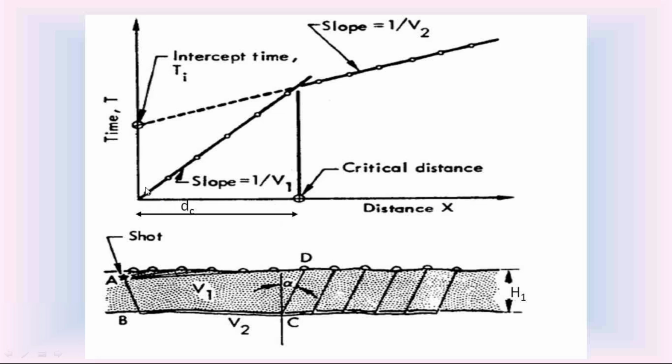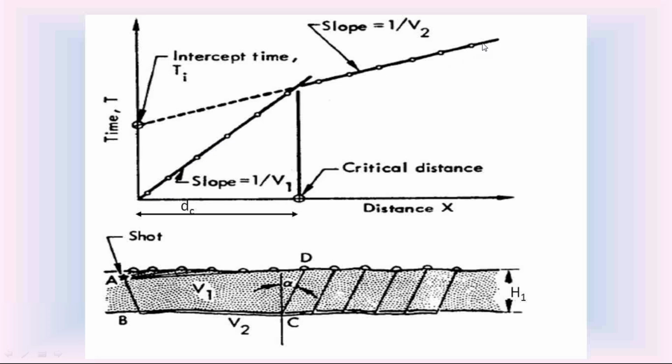Then by indicating those data on this graph, we will get a graph like this. This is the first geophone receiving the first impulse, second geophone, third geophone, like that. So we arrange a number of geophones on the ground level.